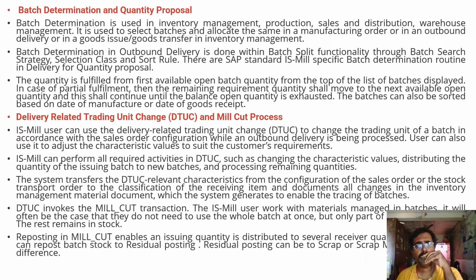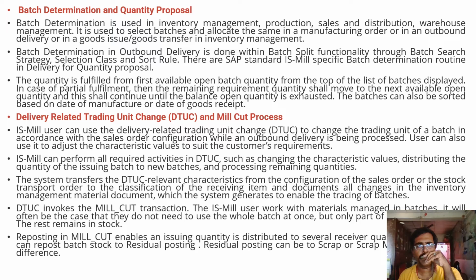Batch determination in the outbound delivery is done within the batch split functionality through a batch search strategy. We need to have a batch search strategy, batch classification, batch determination. All these things will come, so selection class and sort rule. These are all part of batch management configuration. So there are SAP standards in IS Mill specific batch determination.